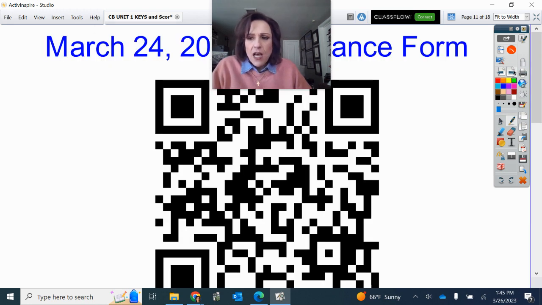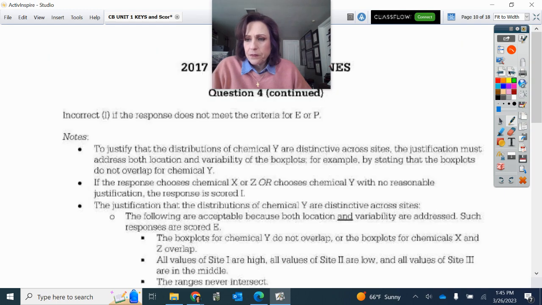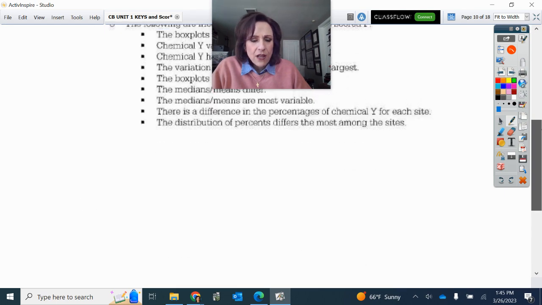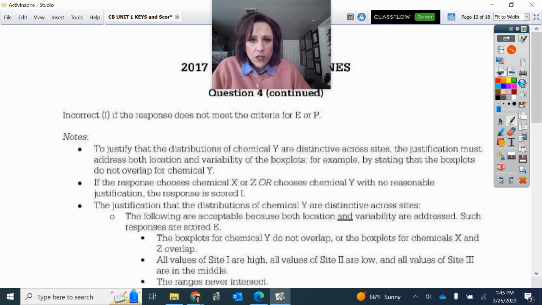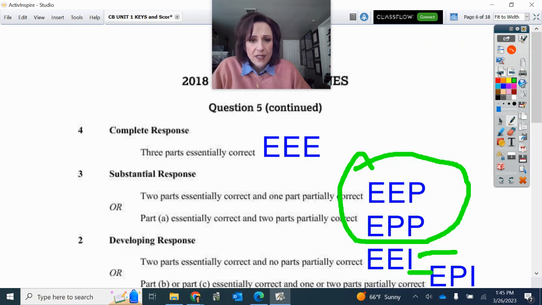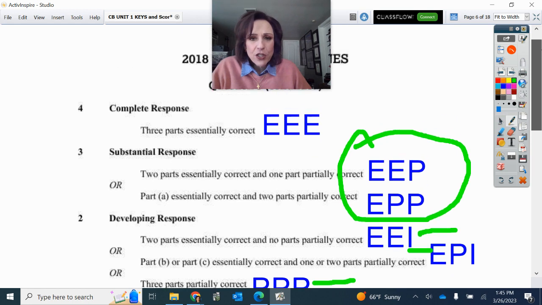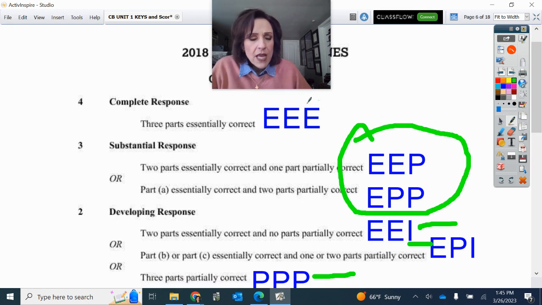All right. Now, let's talk about how those credits work as far as how would you get 1, 2, 3, and 4 points. It would be the same as how you got those on that 2018 question number 5. Anytime there's 3 components we check for, then here's the way you got scored. You would get a 4 if you got EEE.